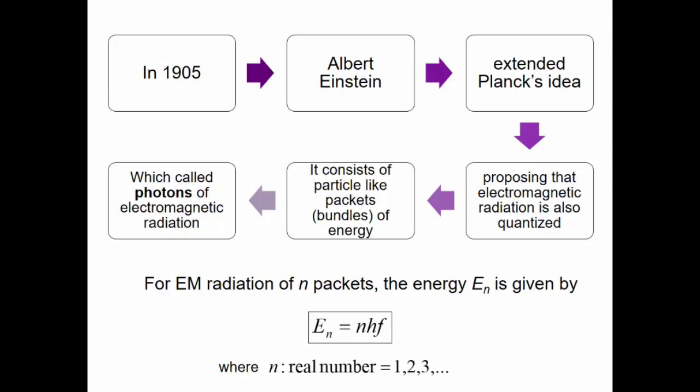For EM radiation of n packets, the energy E_n is given by E_n = nhf, where n is a real number 1, 2, 3. h is Planck's constant, which is 6.63 times 10 to the power of negative 34 joule second.